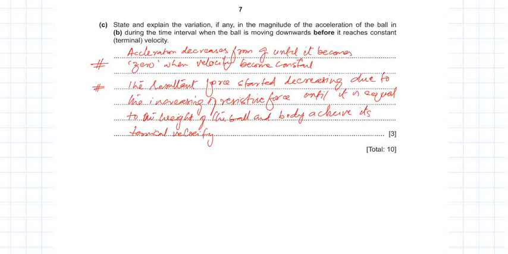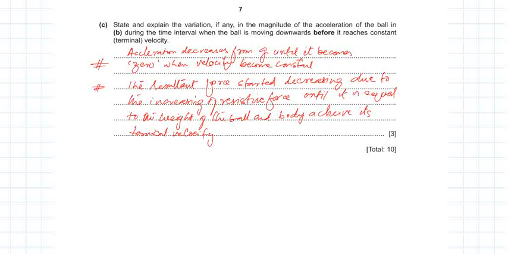So at that time, the acceleration is due to gravity, which is g. But after some time, the acceleration starts decreasing from g until it becomes zero when the velocity becomes constant. That means the terminal velocity is achieved.